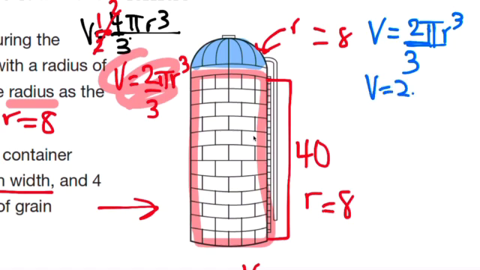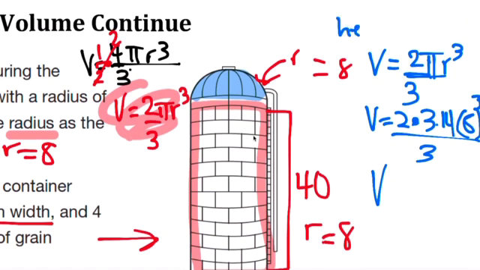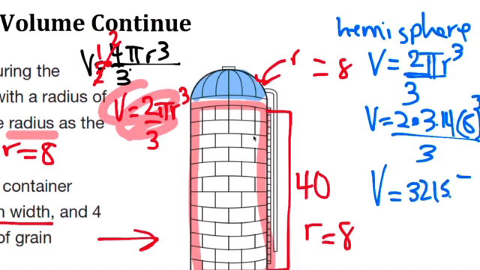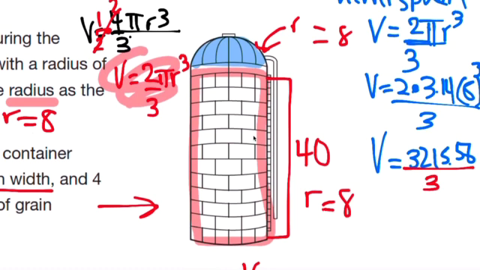Volume then is 2 times 3.14 times 8 cubed divided by 3. Use a calculator, so this is the hemisphere. You'll get 3215.56 and divide that by 3. You'll get the volume of the hemisphere, 1071.786 repeating.